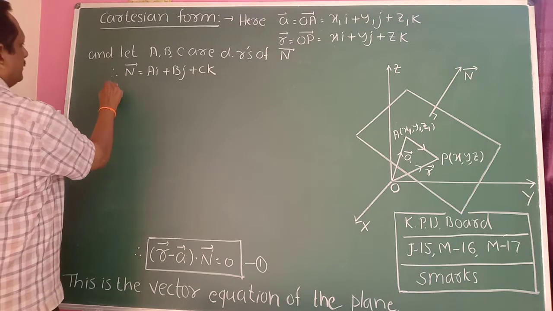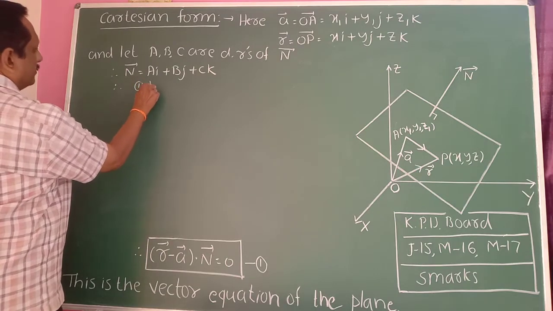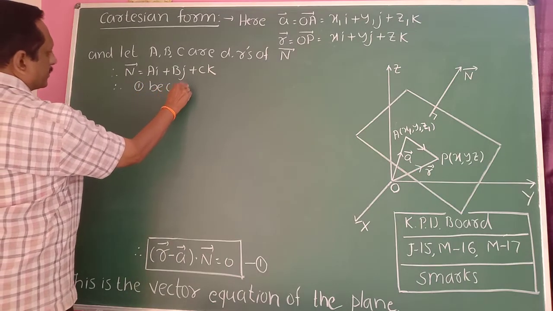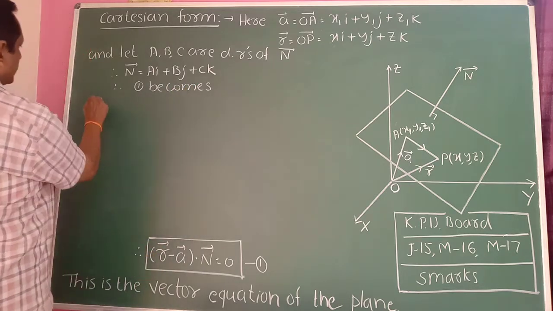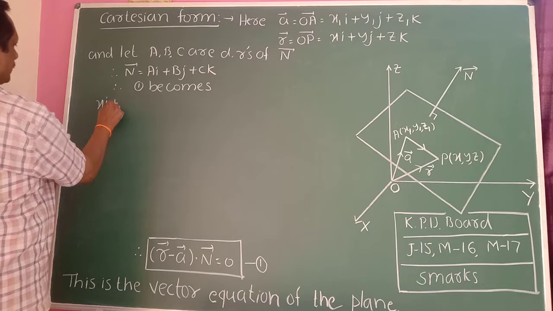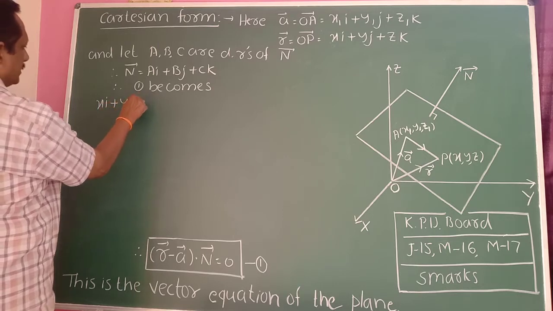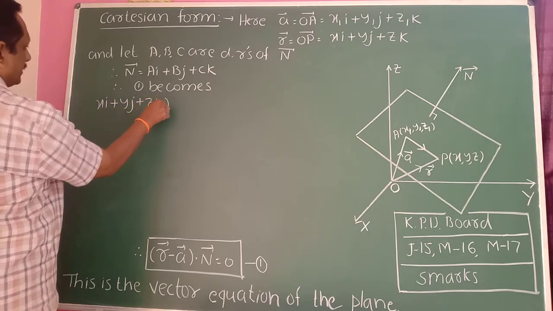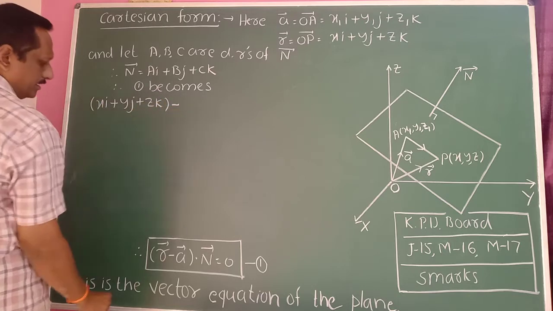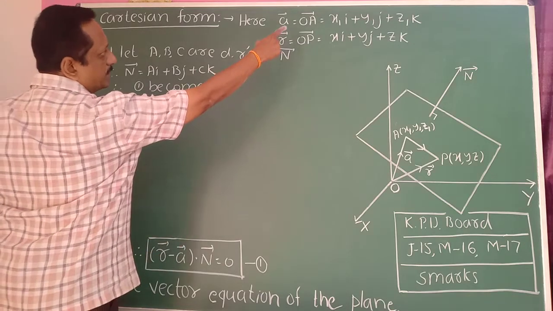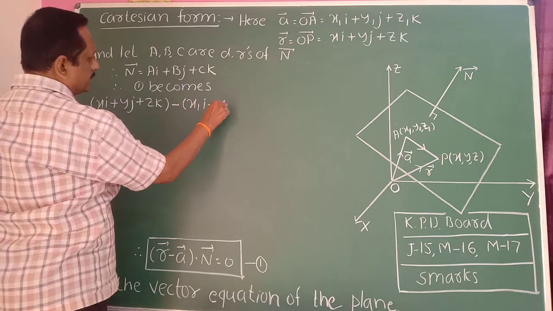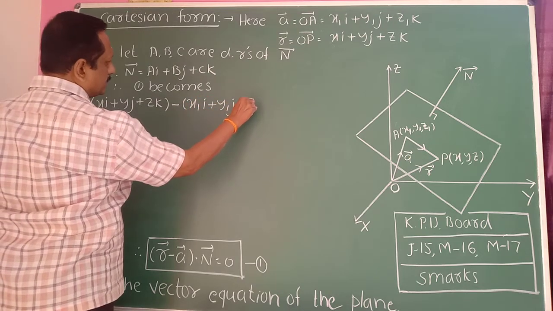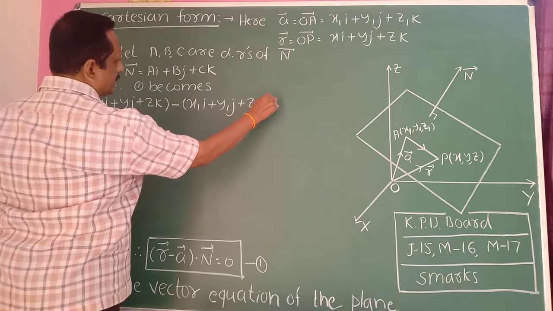Therefore equation 1 becomes: r bar is x i plus y j plus z k, minus a bar, which is this vector x1 i plus y1 j plus z1 k.